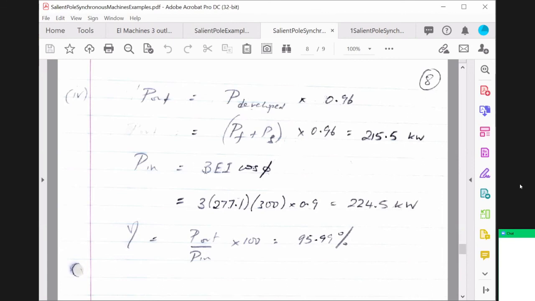The input power comes from the equation 3EI cos phi, giving the input power for the motor. By specifying those values, E and I, you can solve for the power absorbed by the motor. We can also work out the efficiency, that's P out over P in, and you'll end up with 95.99%.